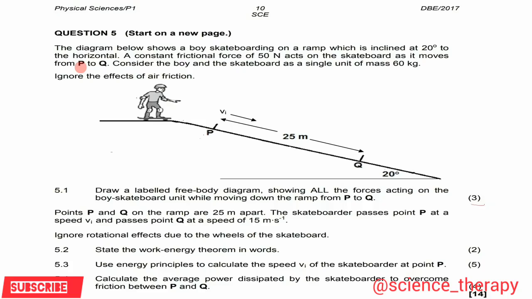Let's go. So 5.1, we understand here that the boy on the ramp will experience the gravitational force, which is always there. So we can just start by faintly drawing that. Remember, you must then erase that incline. It's just to help us draw our free body diagram.